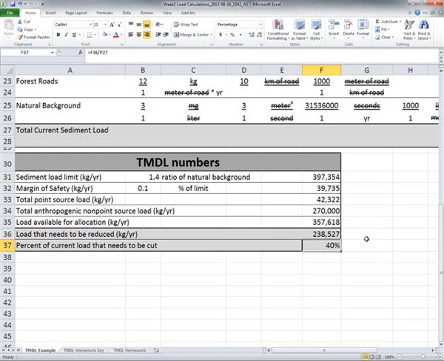And so I could think about a 40% reduction across the board, or I could get strategic and start thinking about reducing my non-point source loads, which are much larger than my point sources, because typically non-point sources can be cheaper to address than point sources, where often a lot of technology has already been implemented.